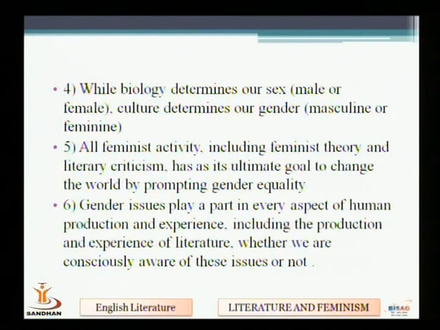Another common point which underlies all feminist thinking, and this is extremely important for us, is that while biology determines our sex, that is, we are male or female biologically, anatomically, culture, our society, determines our gender, which is masculine or feminine. This polarity between gender and sex is extremely critical to feminist thinking. So let us think a little bit more about that.